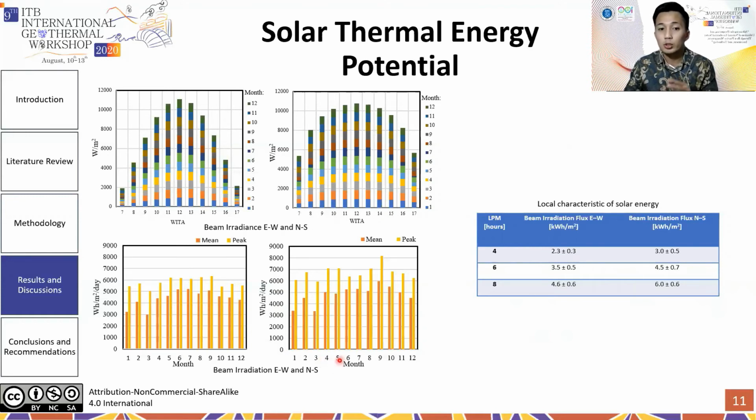So the system will choose the north-south alignment. And this is the local characteristic of the solar energy for the two alignments, east-west and north-south. The system will use the north-south alignment and choose the probabilistic of 6 hours in Ulumbu, and it will generate around 4 kilowatt hour per meter square.